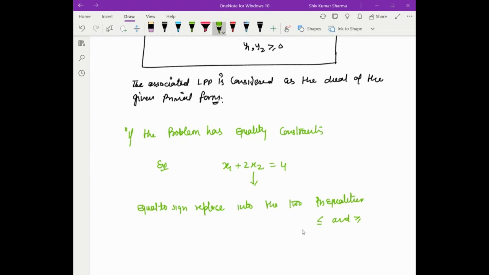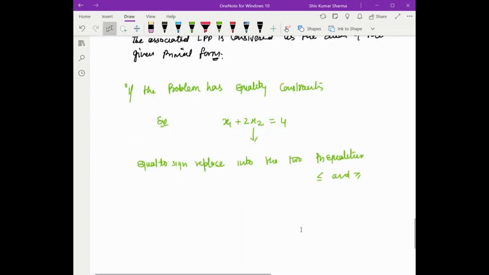So we write this as x1 plus 2x2 less than equal to 4, and another one as x1 plus 2x2 greater than equal to 4.